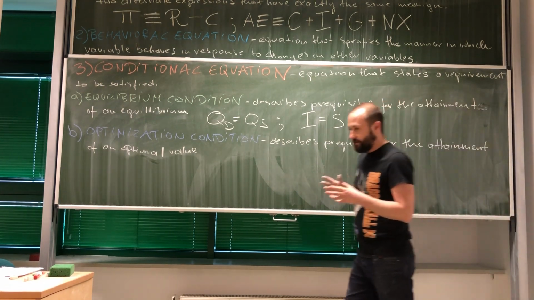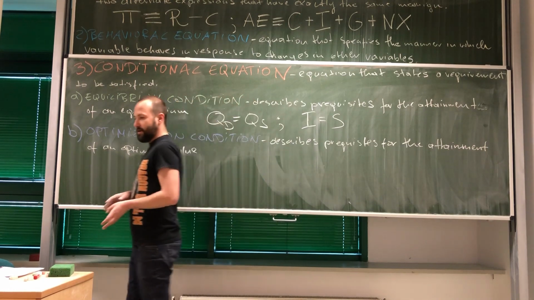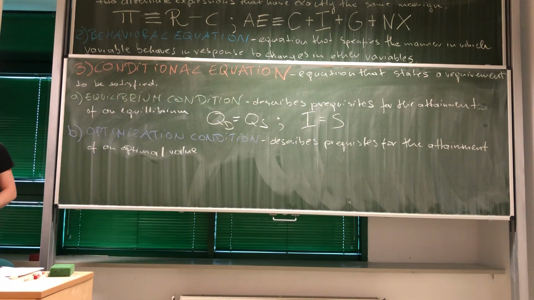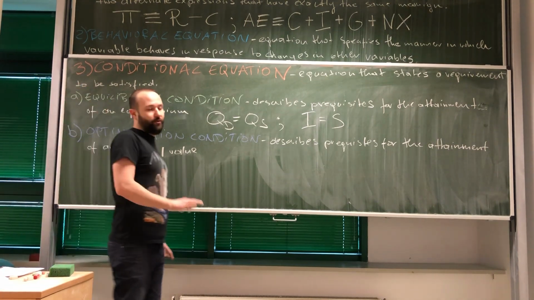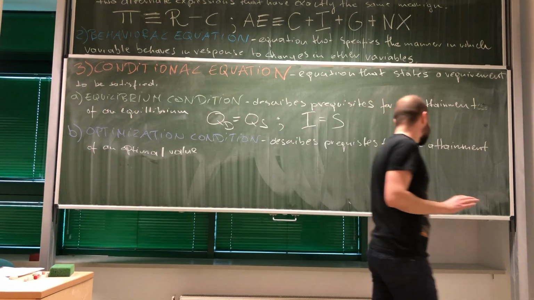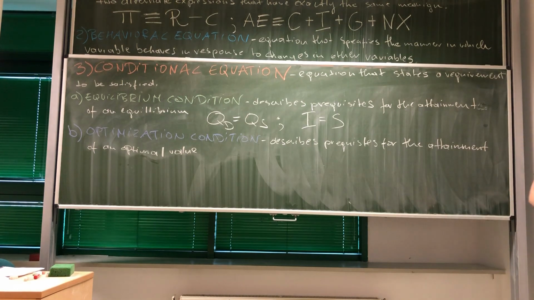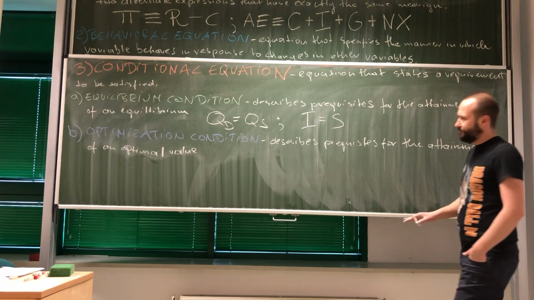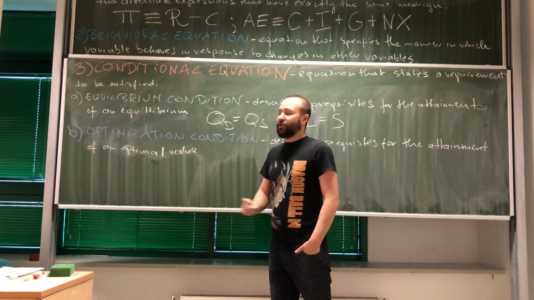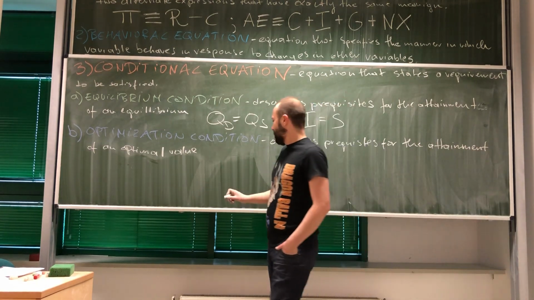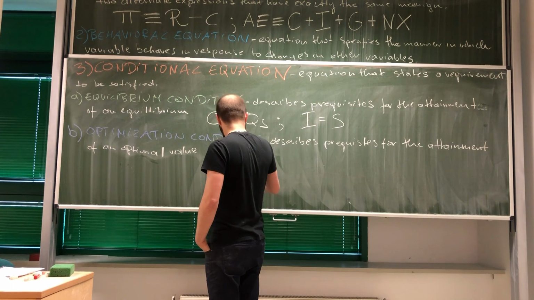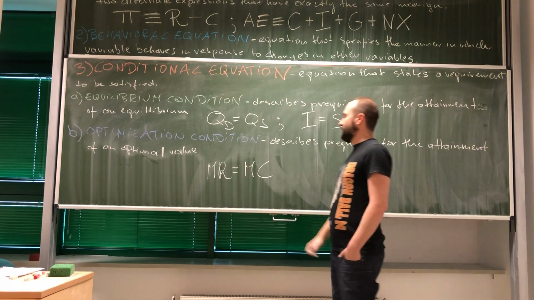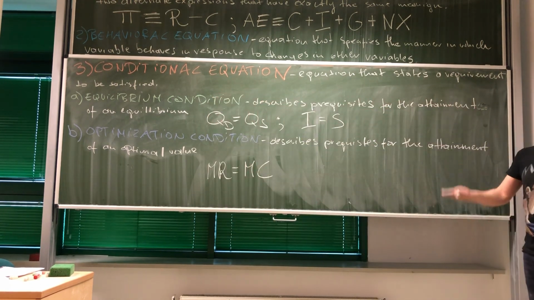However, this condition can be translated into economic terms. And as I already showed you in mathematics class and as you've seen in your microeconomics class, the condition for profit maximization is that marginal revenue equals to marginal cost. Right? This is the same condition.